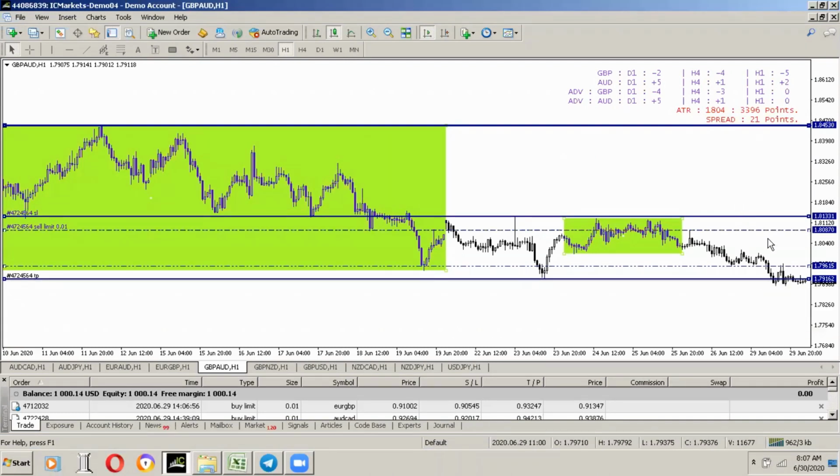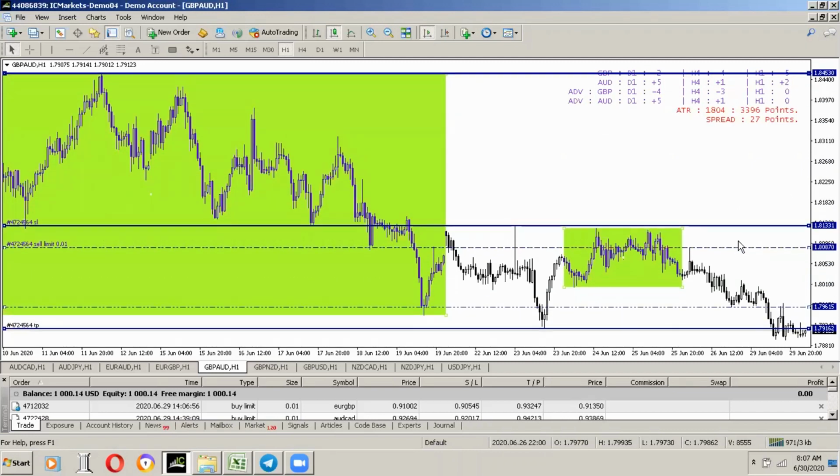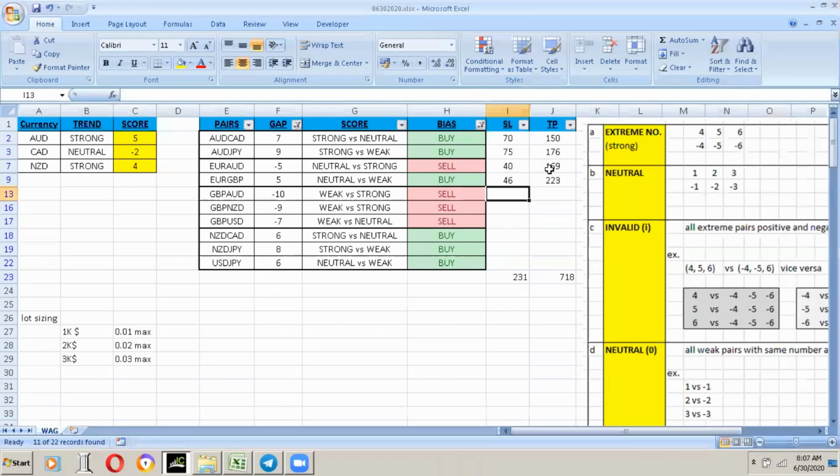So for me, I'll wait for it to retest here. This is like its swing high at this area. Then this would be my SL. And then the TP is back here. So if that would be the case, we'll have this one sell. So we have around 45 and 160.